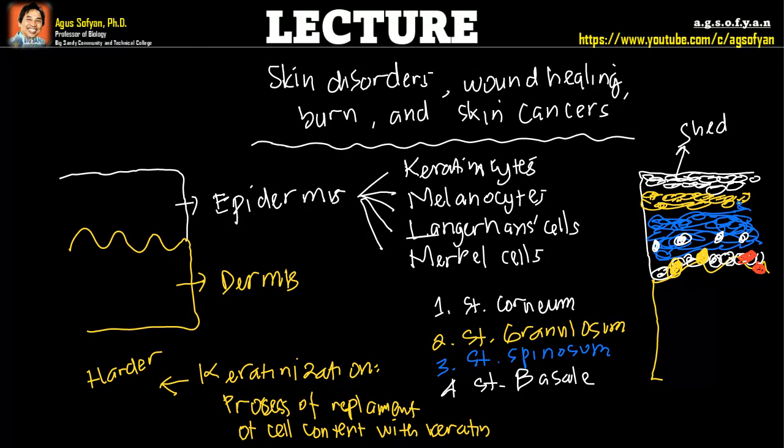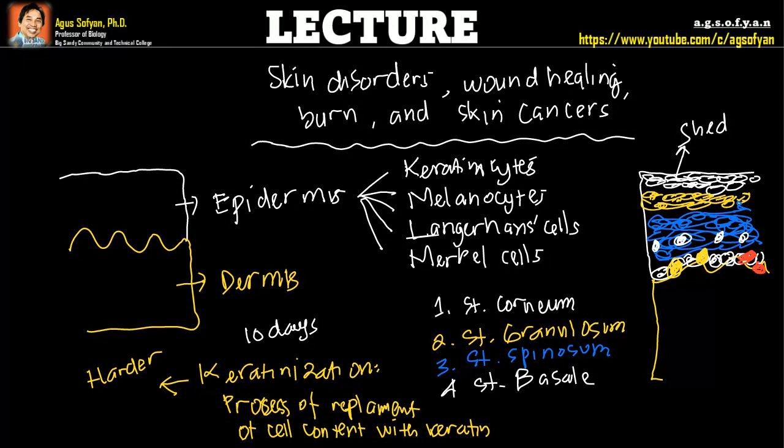Now, remember, the keratinocyte at the top will be dead in the stratum corneum, and it will be shed. This dead cell is filled with keratin through the process of keratinization, and this process normally takes around 10 days.